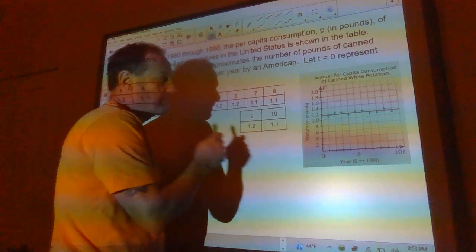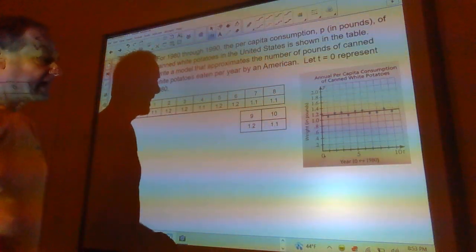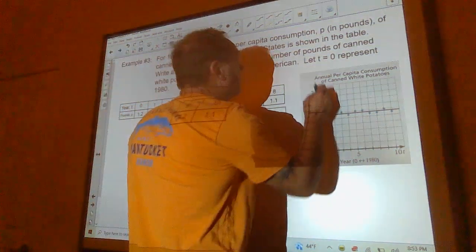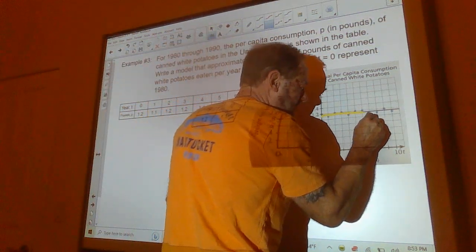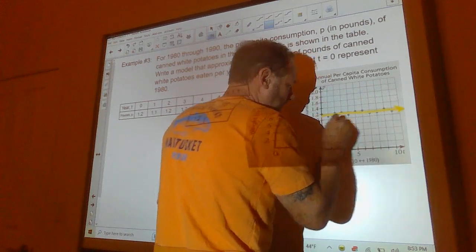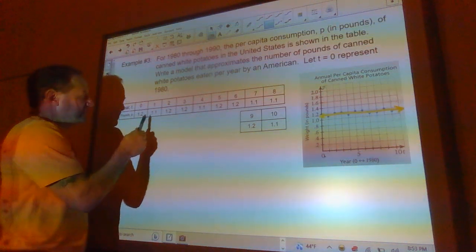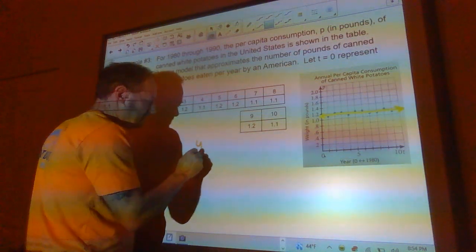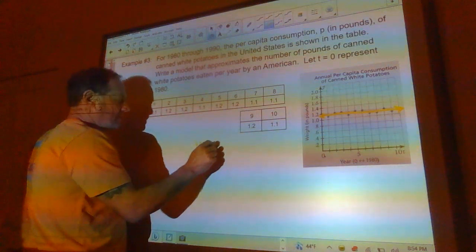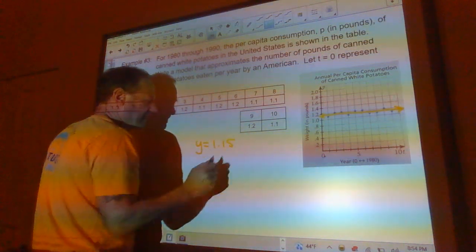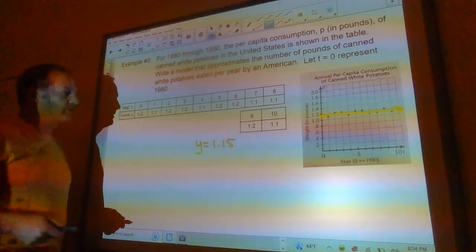It does bounce up and down, but we're going to approximate that. We can just put a nice horizontal line right through the middle of that. Where is that? Well, that's going to be y equals 1.15, right between 1.1 and 1.2.